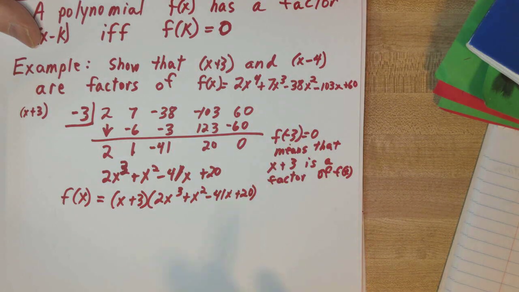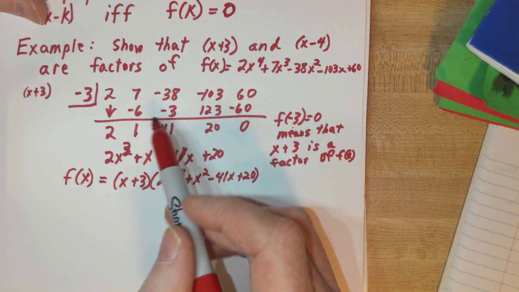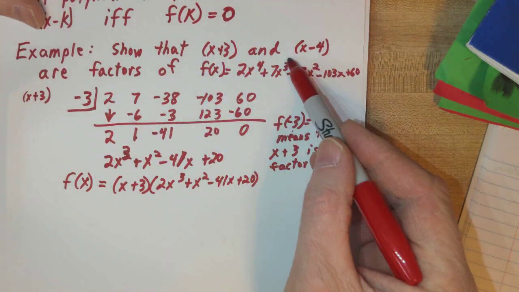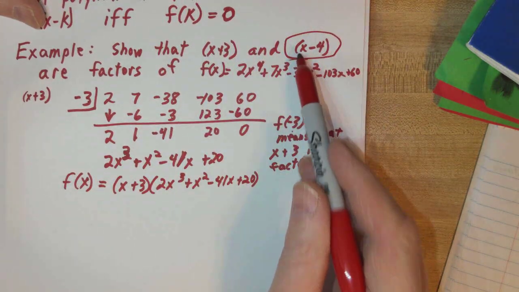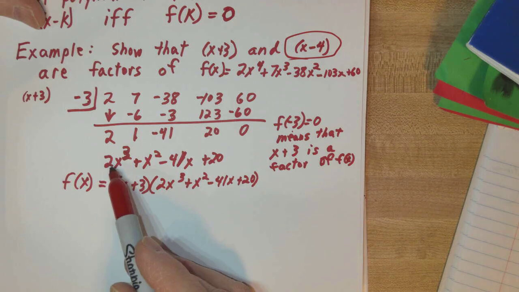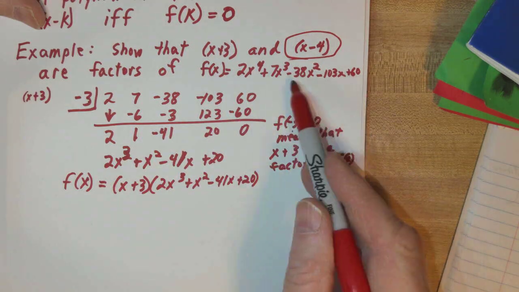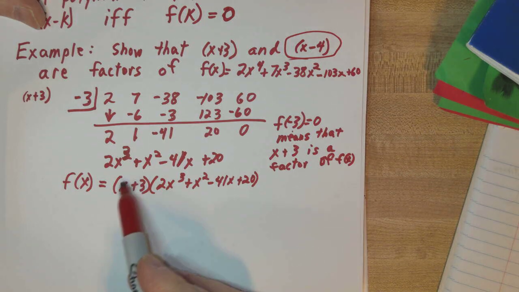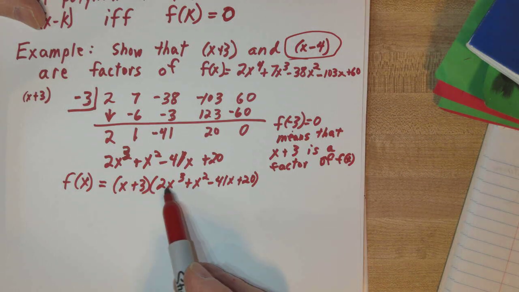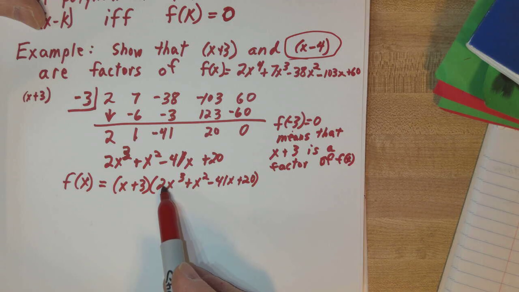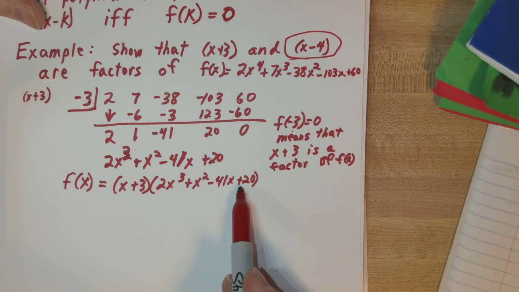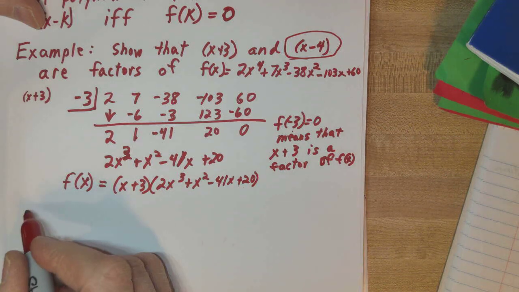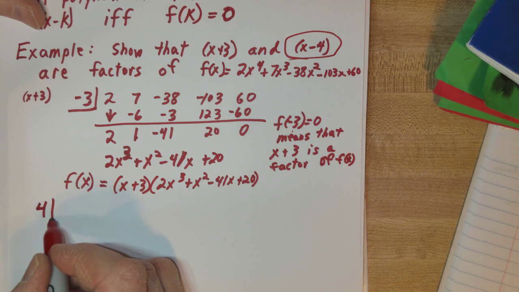All right, because we're also supposed to show x minus 4, I could divide this by x minus 4, but I've already kind of factored out the x plus 3 and gotten this. So I'm going to use just this part, and divide that by x minus 4.